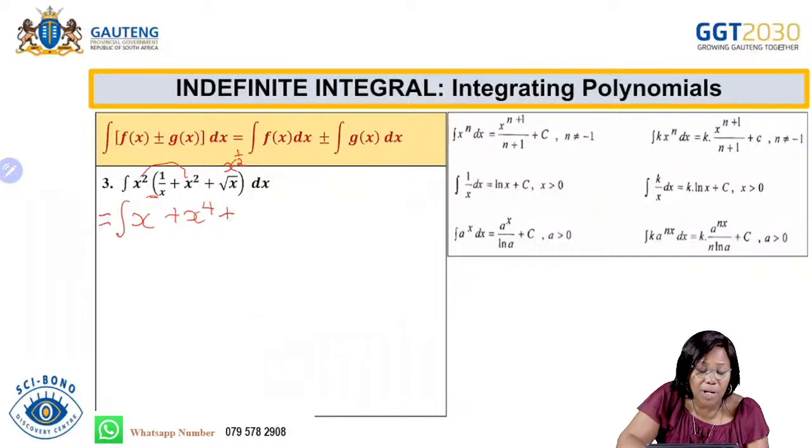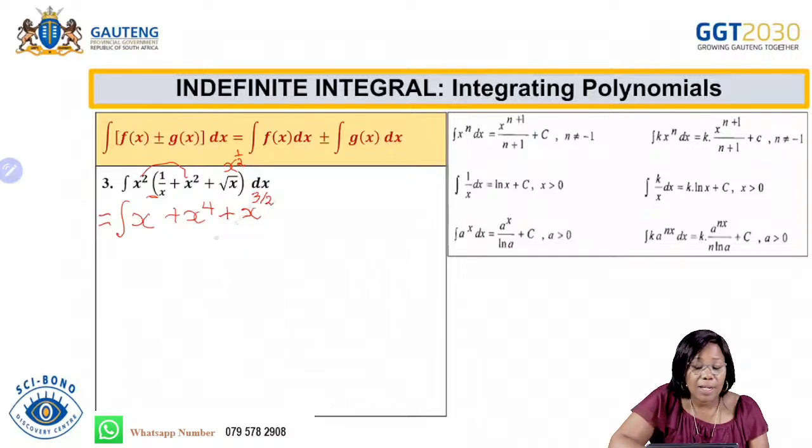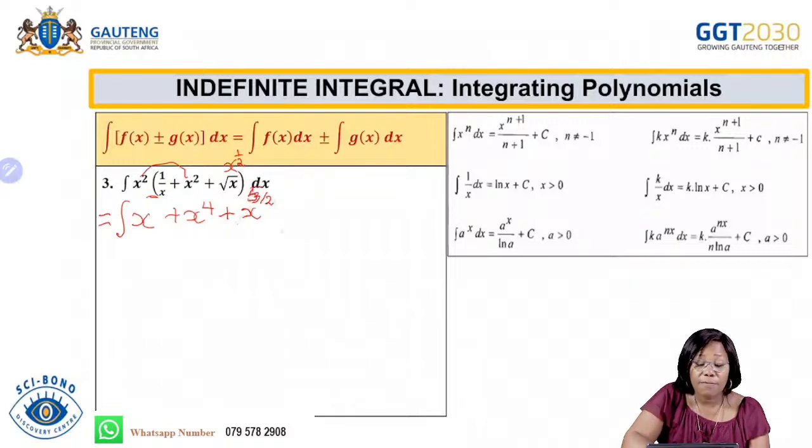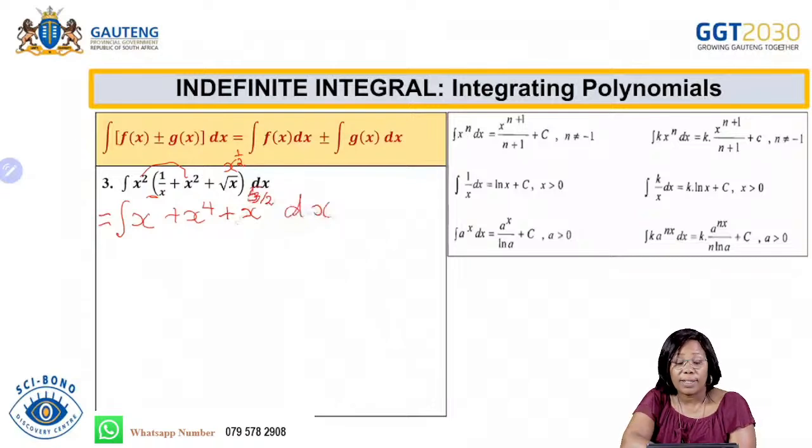Remember, when you multiply the same base, you add exponent. So this one will give us x to the power 5 over 2. That is 2 plus half, which is 2 and half. So it's 5 over 2, grade 12. And then we are deriving this in terms of x.